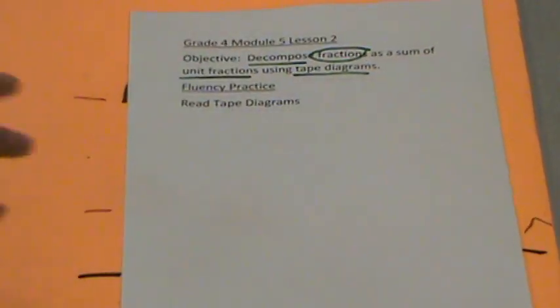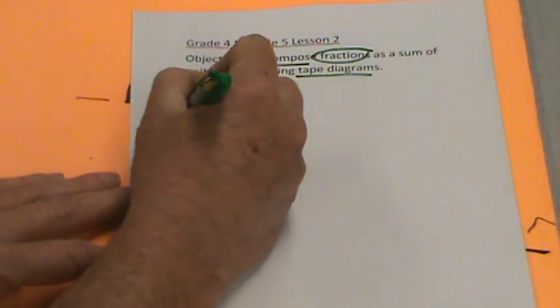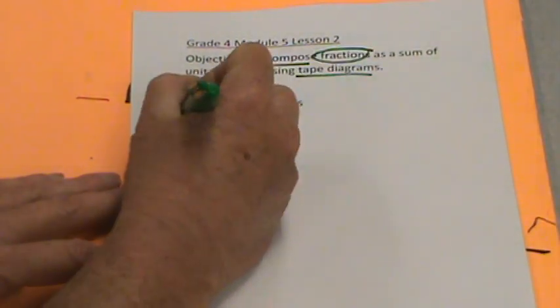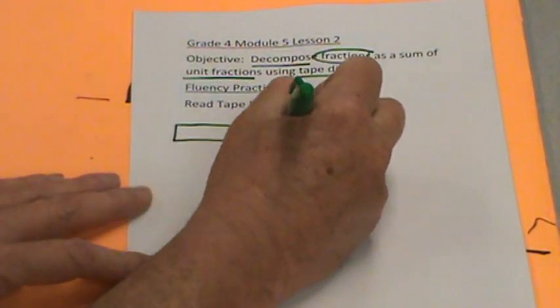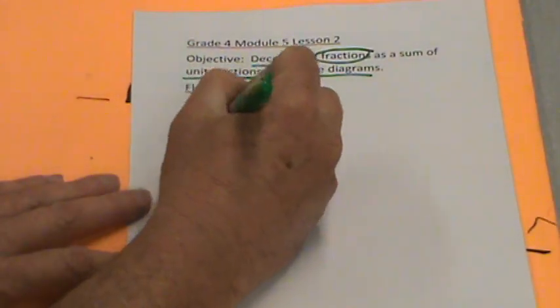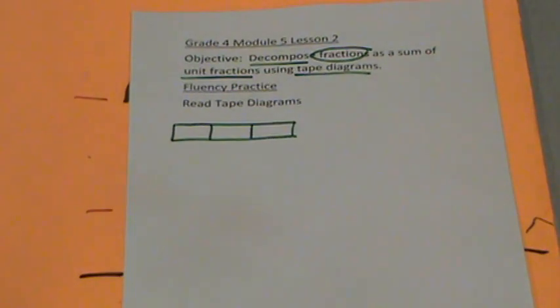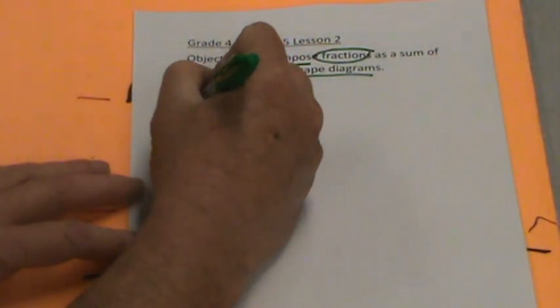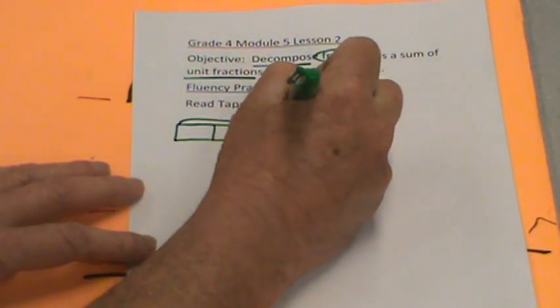First tape diagram we're going to create together is this fella right here. And he's a mighty fine looking tape diagram. And this tape diagram is going to be broken into three pieces. And let's say that this tape diagram equals the number 15.